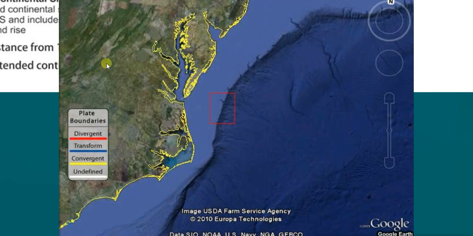Here is the land. This is the terrestrial section. Here is the coast. This, as you can see, is not as deep as the rest of the water. And then you have sort of this drop-off.